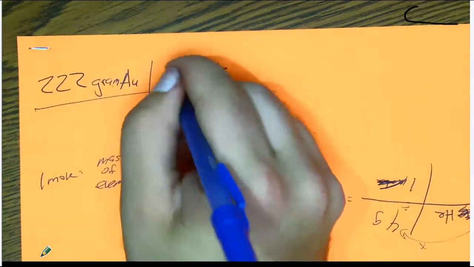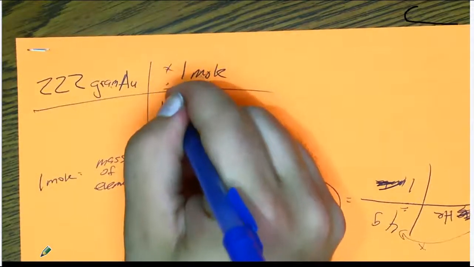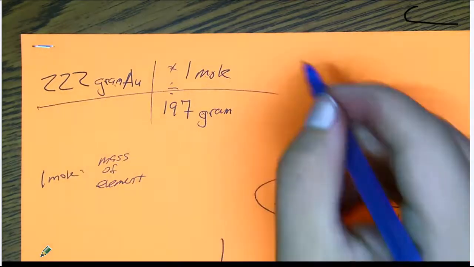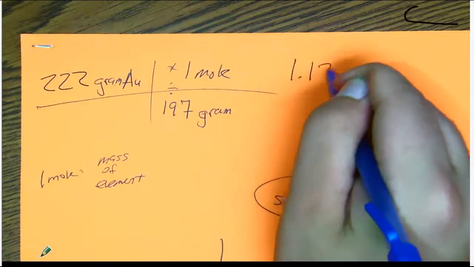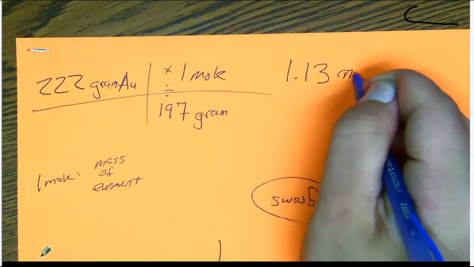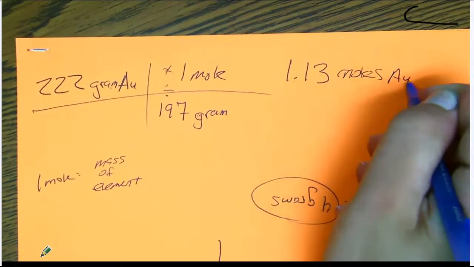Once again, you multiply across, divide down. I plug it in my calculator: 222 divided by 197. I got 1.13, and that's moles of gold.